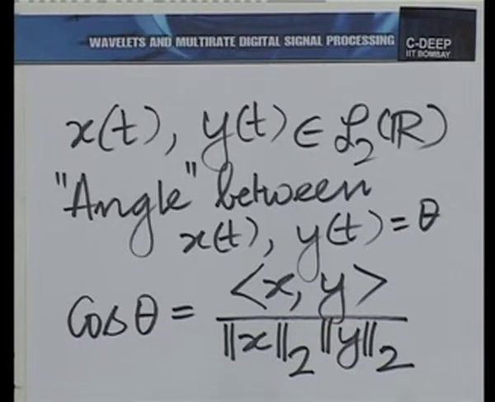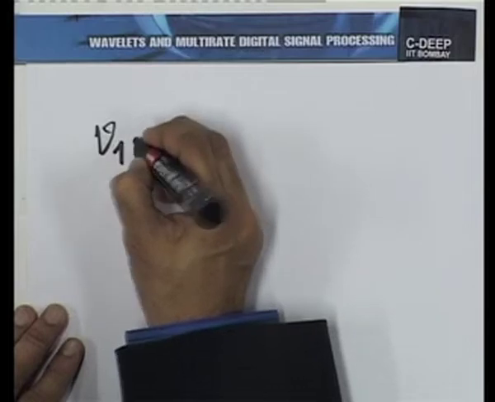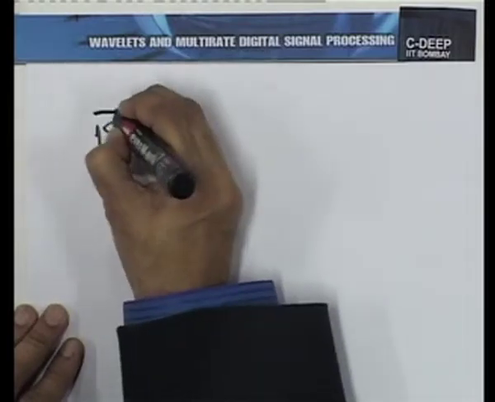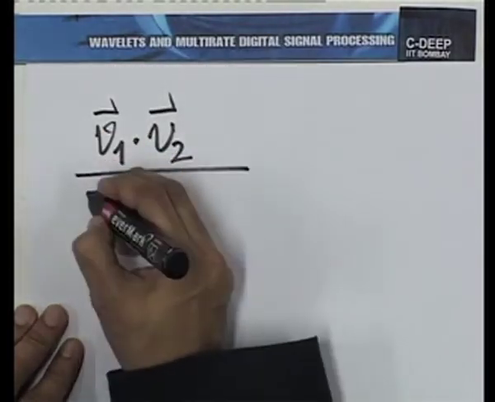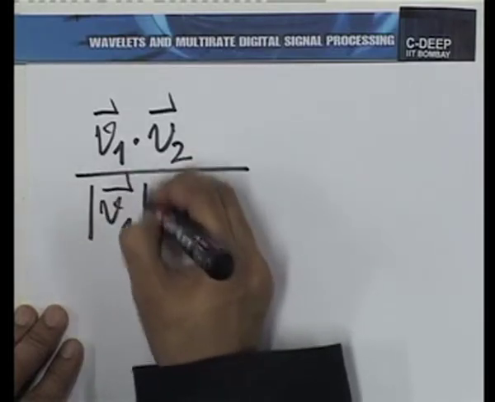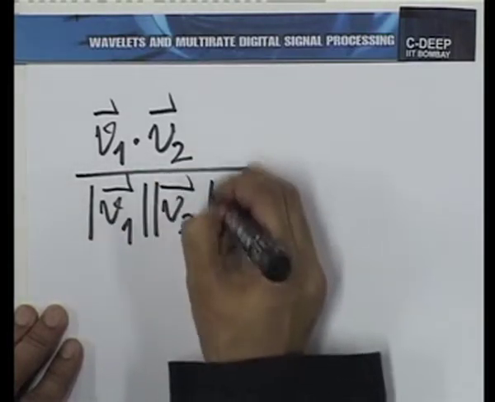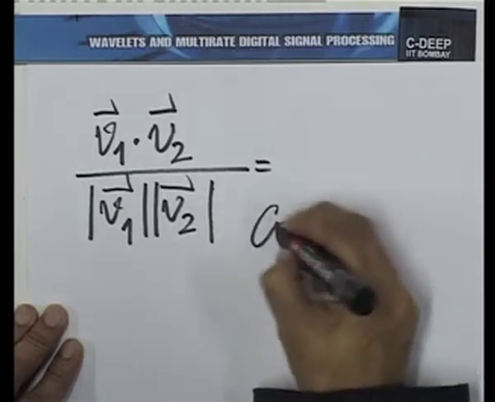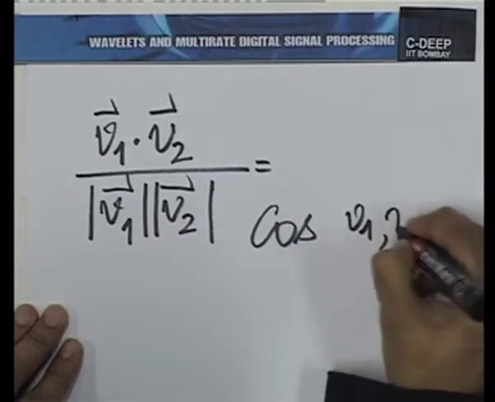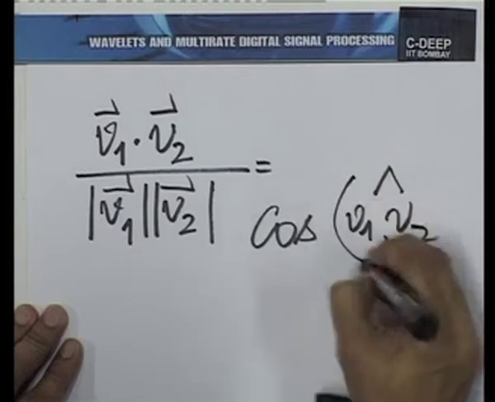Now, this is very similar to the idea of a dot product between two vectors. So, if you recall, if you have two vectors, let us say v 1 and v 2, then v 1 dot v 2 divided by the magnitude of v 1 and the magnitude of v 2 gives us the cosine of the angle between v 1 and v 2.